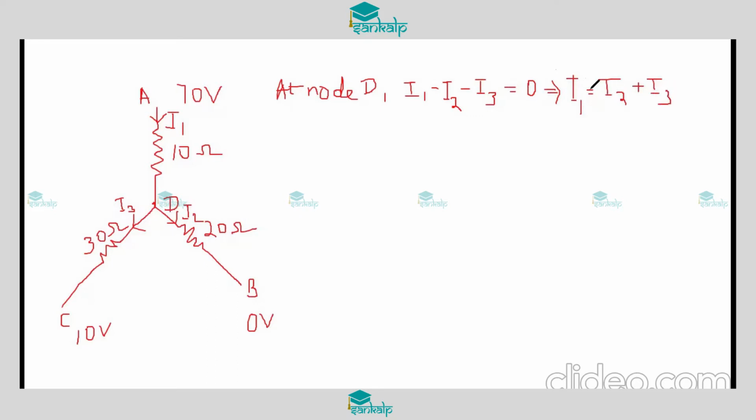But according to Ohm's law, you can write I as V by R. Since we need V by R, observe that between point A and point B we have a potential difference.